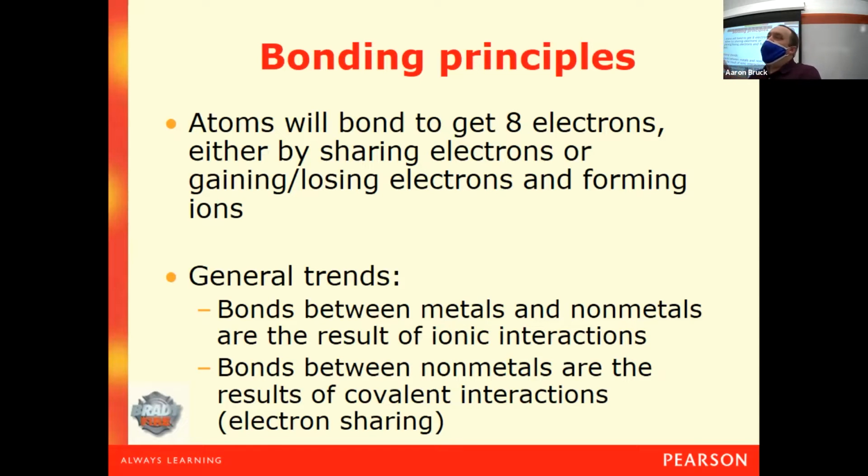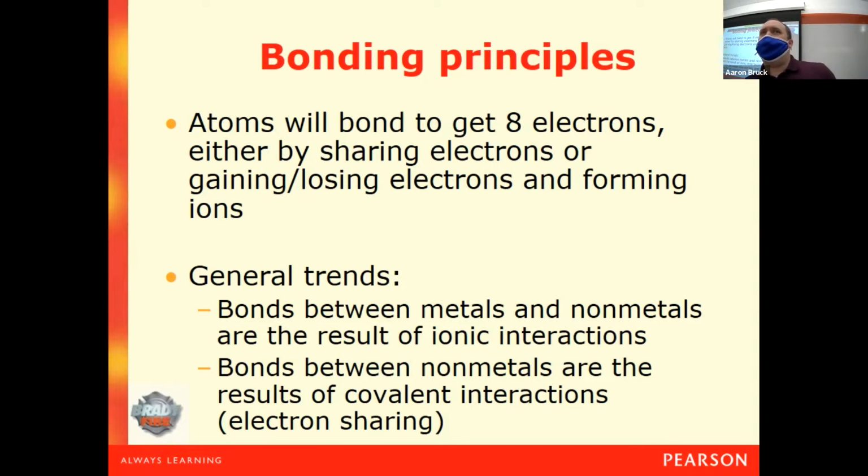So in nonmetals, we have a little bit more variety in that regard. When they take electrons, usually from a metal, we call that an ionic bond. That's an ionic interaction. Metals and nonmetals transferring electrons to each other to create a chemical bond. That's an ionic compound.